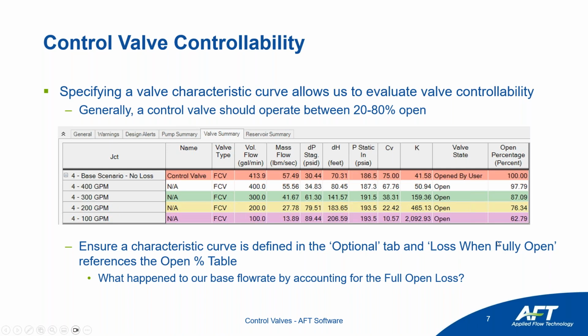So by adding that component, even though it's not modulating, even though it's not closing to reduce the flow any further, just by adding that component, we can see how our volumetric flow rate has decreased from 500 all the way down to 414. That makes a bit more sense, where now that we're at 100% open, you only have to close the valve very gradually to achieve that 400 gallon per minute flow rate instead.